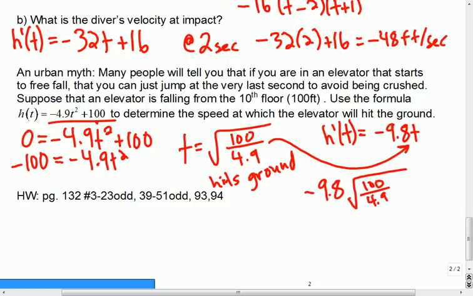So I get 100 divided by 4.9, and its square root times 9.8. Sorry, so I get negative 44.3 feet per second.